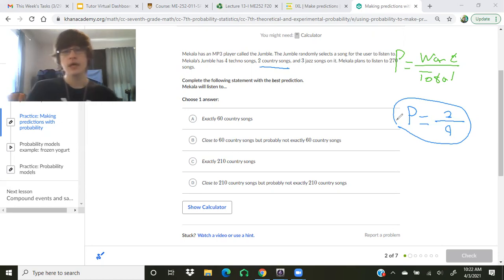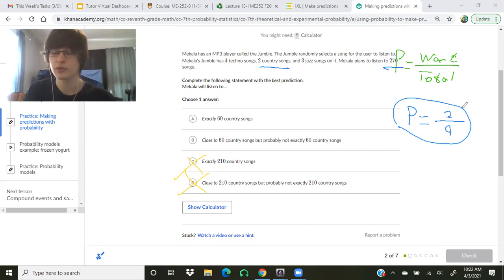So now we do this probability 270 times. Well, hopefully you can see then, using this probability fraction, that the number of country songs won't be 210, because that's a lot of songs.